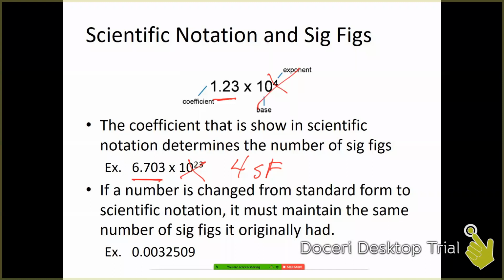So in other words, this original number has 5 sig figs, so when I put it into scientific notation, it also has to have 5 sig figs. So it would become 3.2509 times 10 to the 1, 2, 3, 10 to the third.